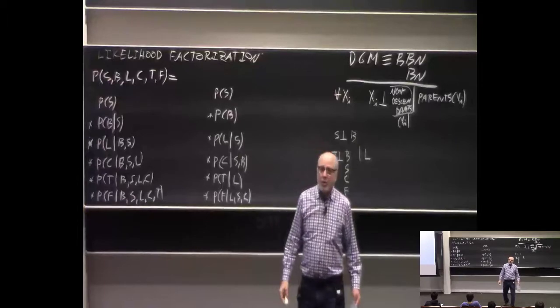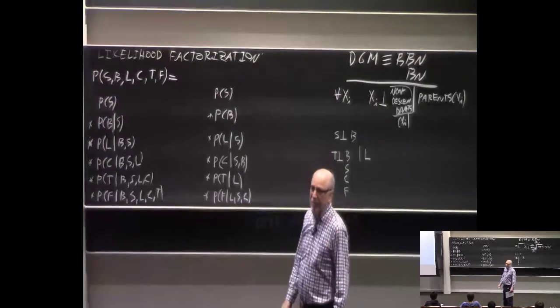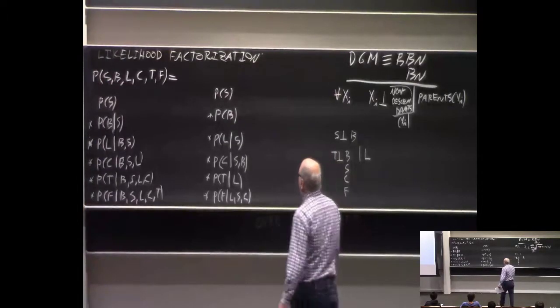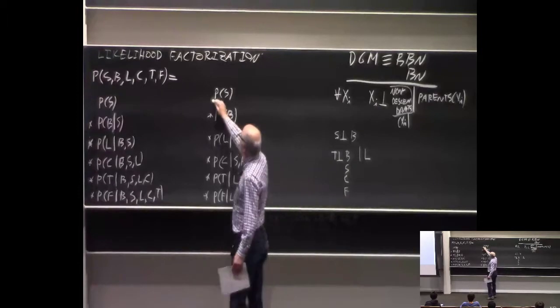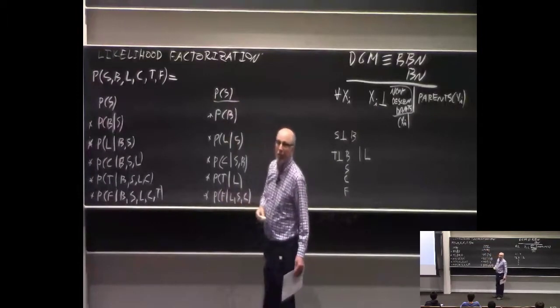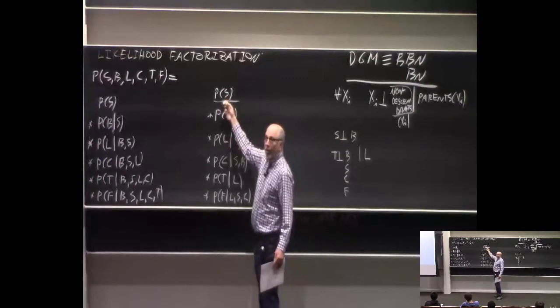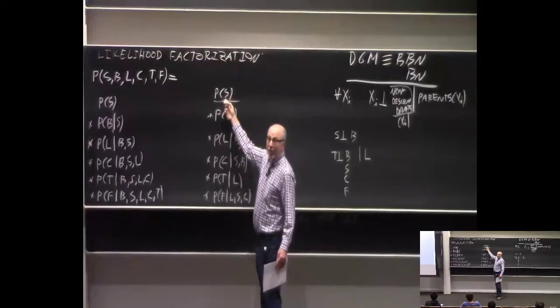How many parameters do we need for estimating all of these? How many free parameters do we need for estimating this from data? How many free parameters are there here? This is a binary variable. One free parameter.